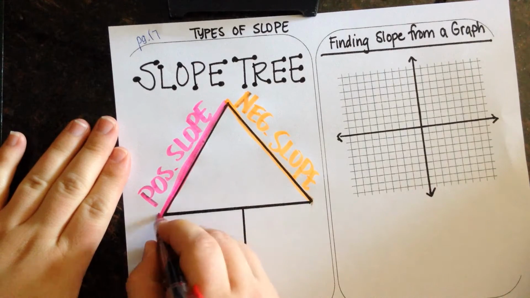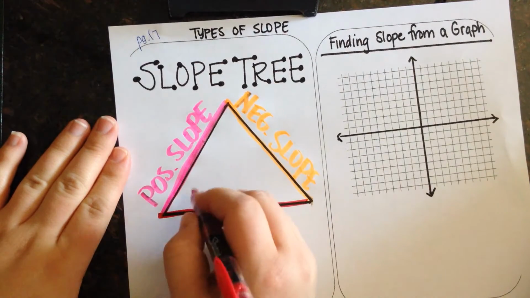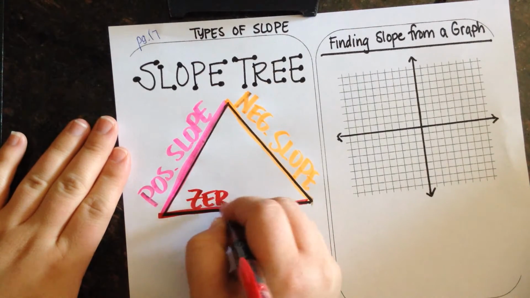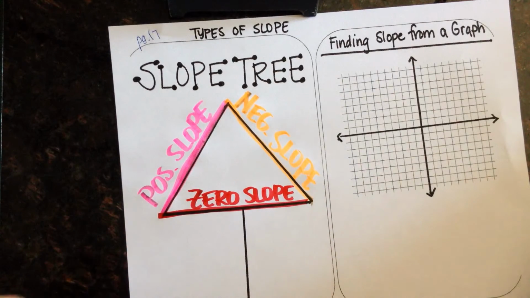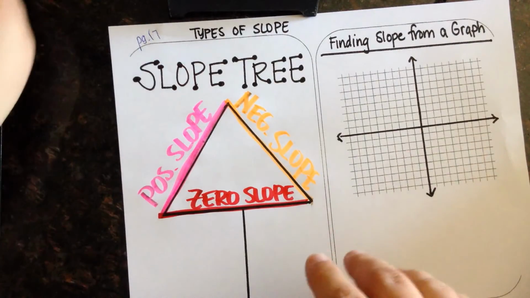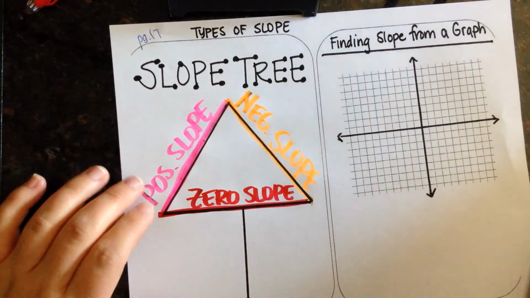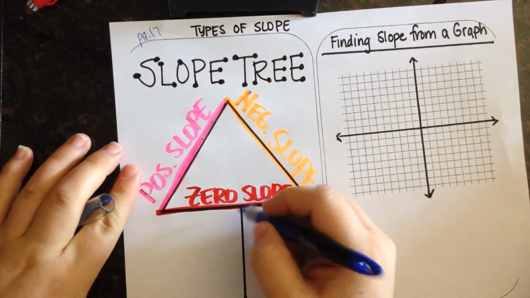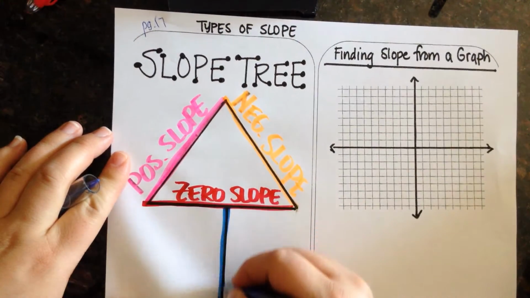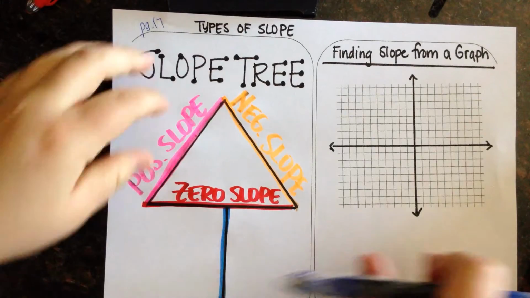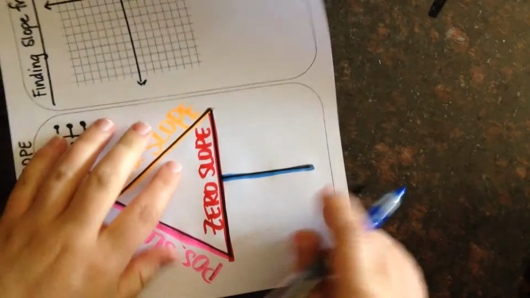If you have a horizontal line, this is a slope of 0. And if you remember back on the previous page, this is when you have 0 in the numerator on top. It's a flat line. And then last but not least, if you have a straight line, up and down, a vertical line, this is when your slope is undefined.